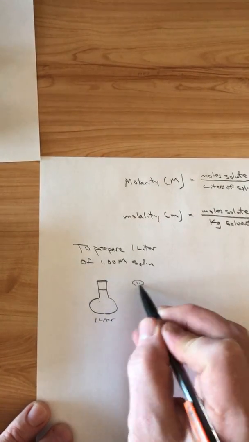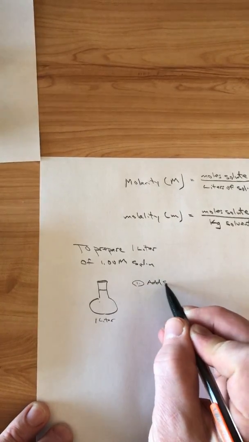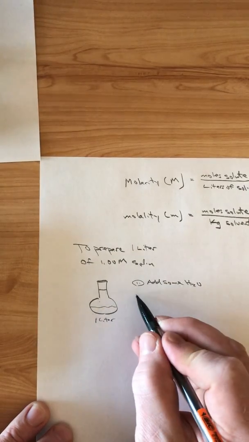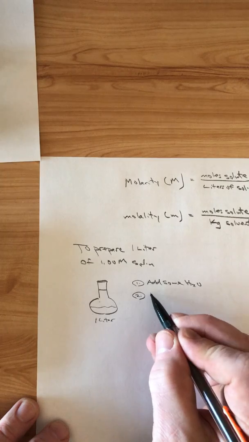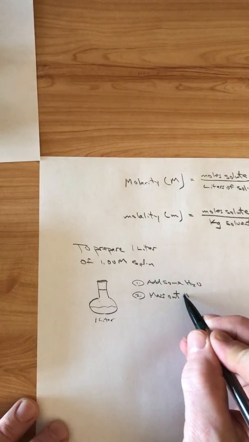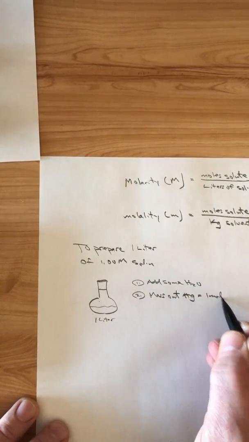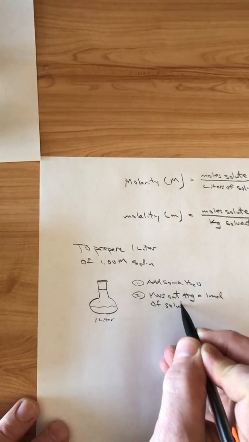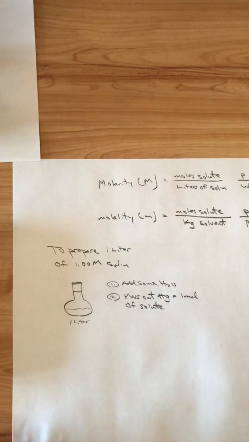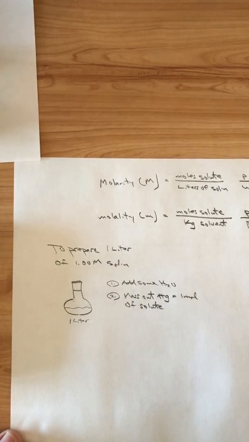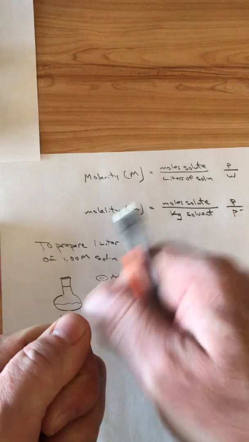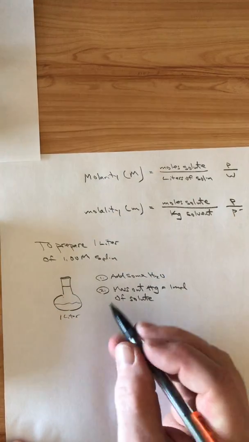So you would, 1, add some water to the flask. 2, mass out the number of grams that equals 1 mole of your solute. You can't measure moles directly, you can measure mass directly. So you go to your balance, you use your GFM, you figure out, well, if it's sodium hydroxide, we said that was 40 grams per mole. You put your weighing boat on, you hit 0, you start dishing it in there until it hits 40.0. You say, I've got 1 mole there.